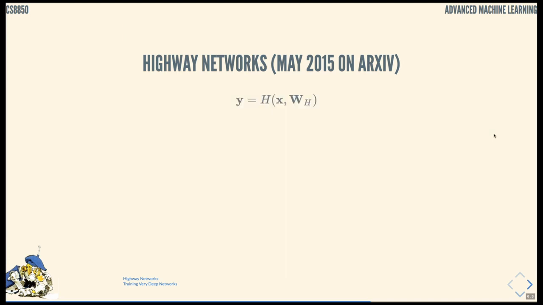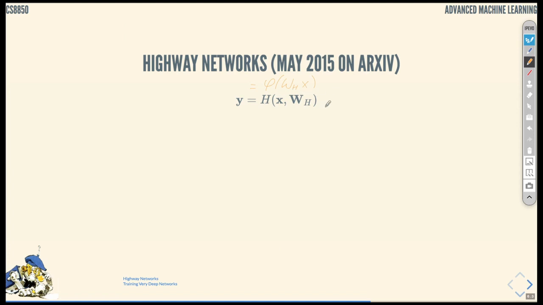So first of all, let's re-annotate or redefine our layer, which is usually simply written as phi, the element-wise non-linearity of the vector, which is the result of this linear matrix transformation of x.